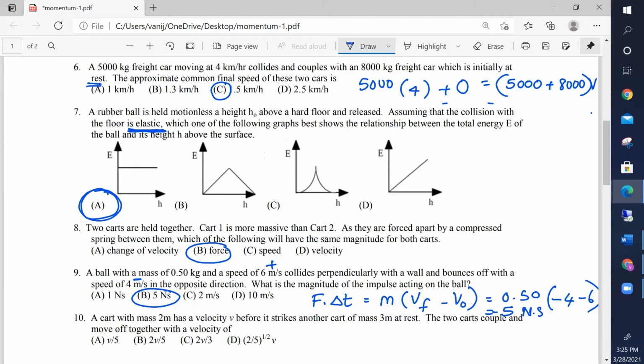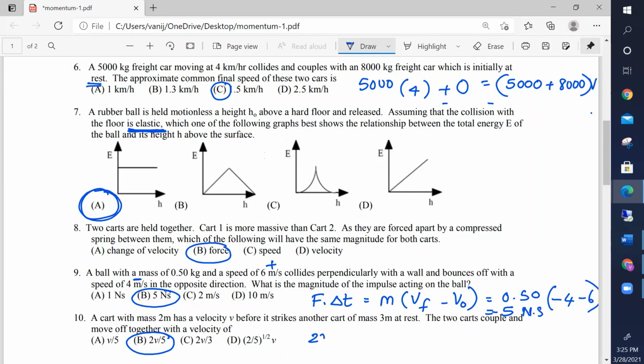All right, 10. A cart with mass 2m has a velocity v before it strikes another cart of mass 3m at rest. The two carts couple and move off together with a velocity of, let's see. Again, you are using conservation of momentum here.